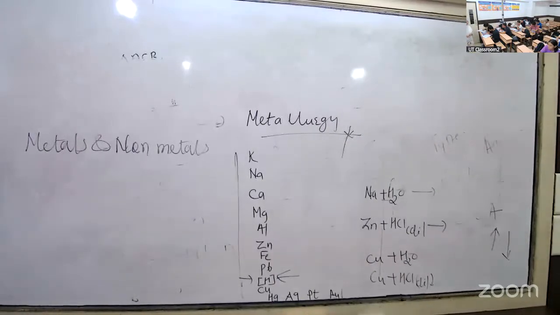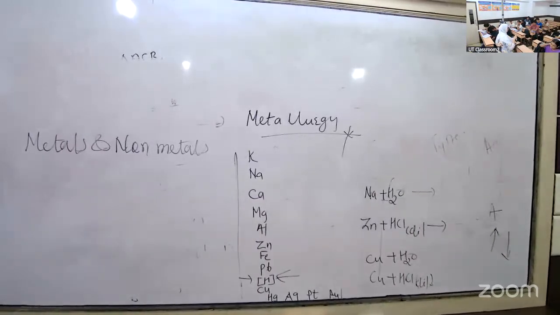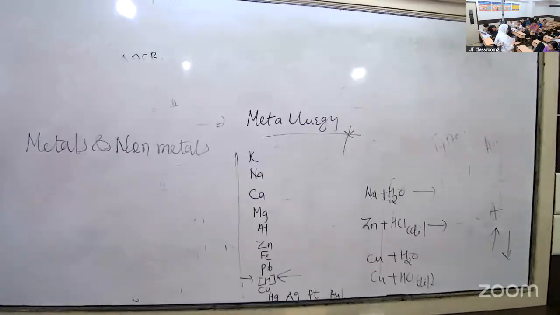Balancing is a very important part. Remember. With balancing, we are writing the proper formula of the compound. That compound exists in that formula only. For example, if you write ZnCl, one compound, another possibility ZnCl2, next possibility Zn2Cl.